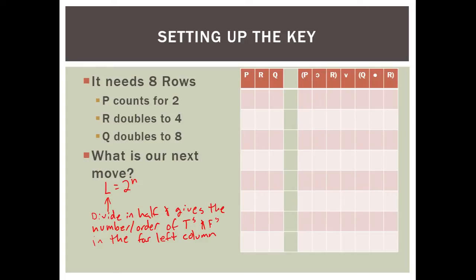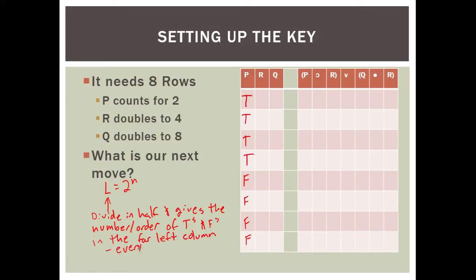So in this case, L equals 2 to the nth power. Here, L is 8. You're going to divide 8 in half, and that's going to give you the number of trues and falses in the far left column. So under the far left column of P, you'd put true, true, true, true. There's 1, 2, 3, 4. And then false, false, false, false. 5, 6, 7, 8.